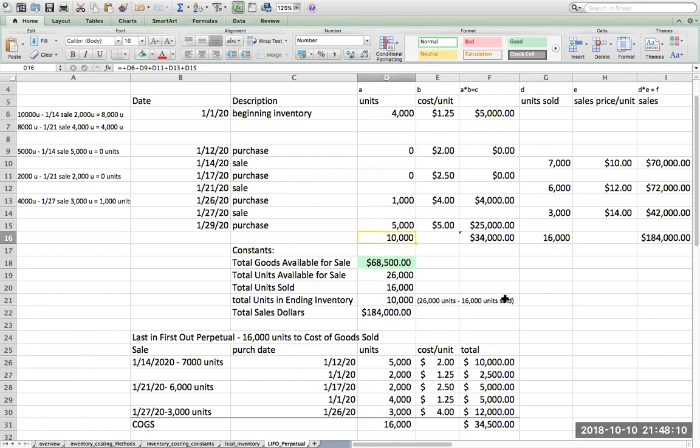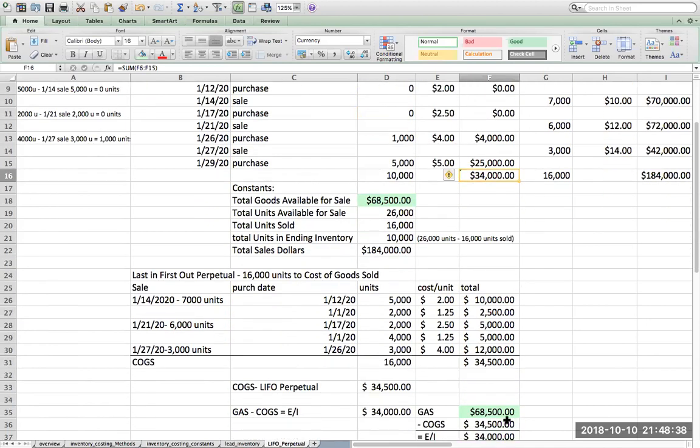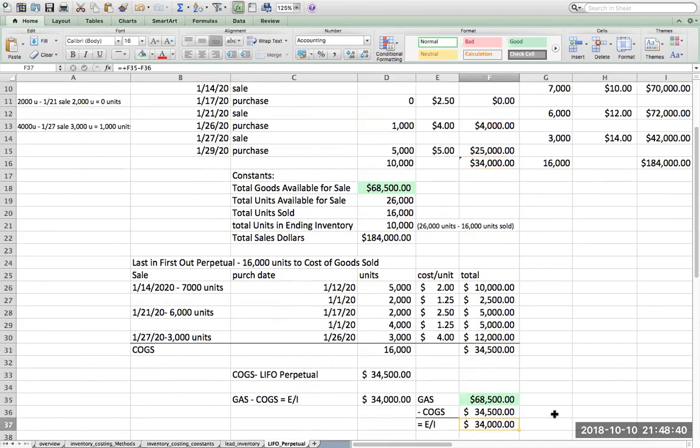I know that this has to be 10,000. Now, what is that 10,000 made of? We had 4,000 units at $1.25 for a total of 5,000. Then later on, we had 1,000 units at $4 for a total of 4,000. 5,000 units at $5 for a total of 25,000. And when I add all these up, magically, this is the same number that I'm computing down below.